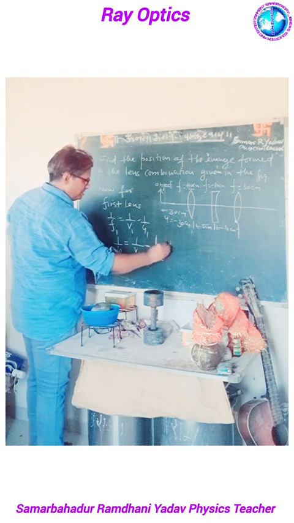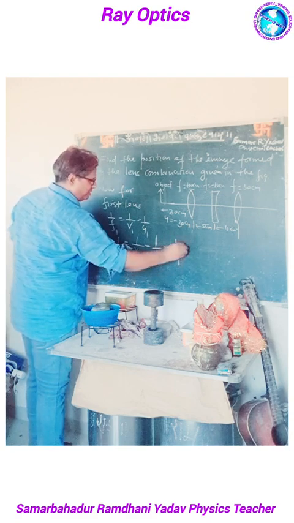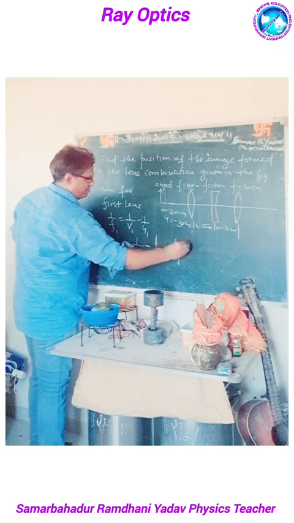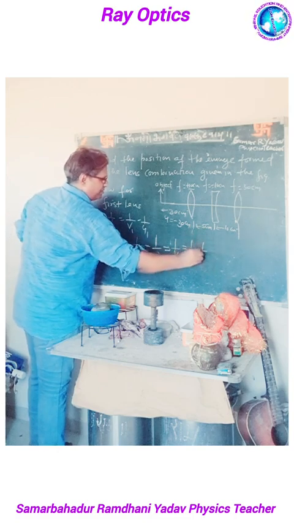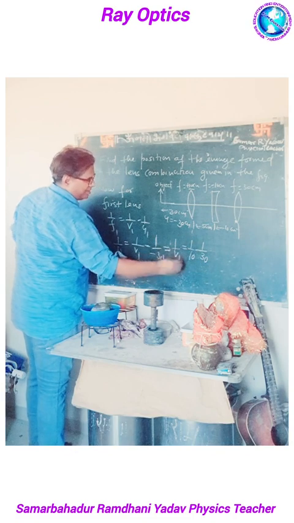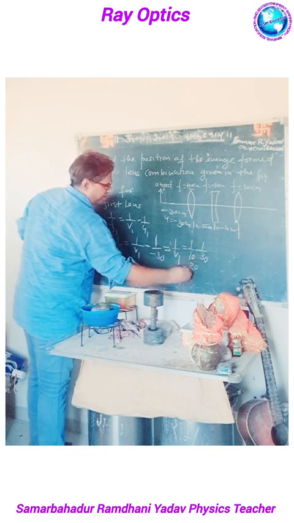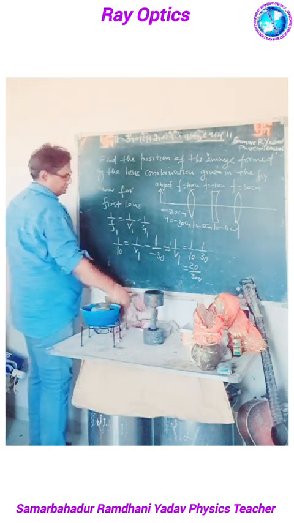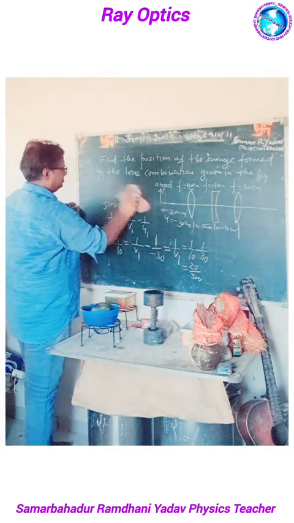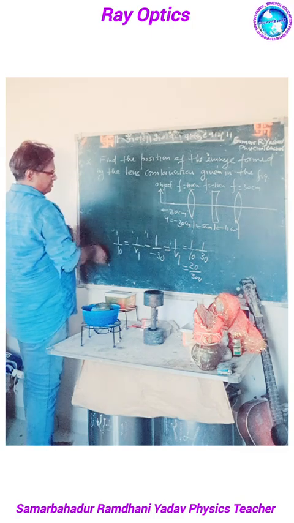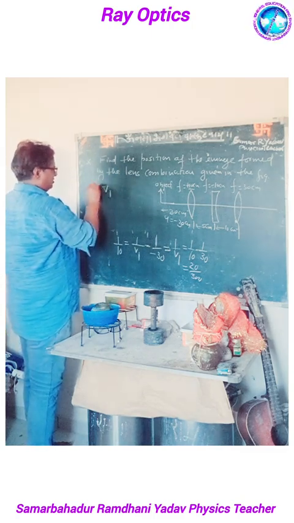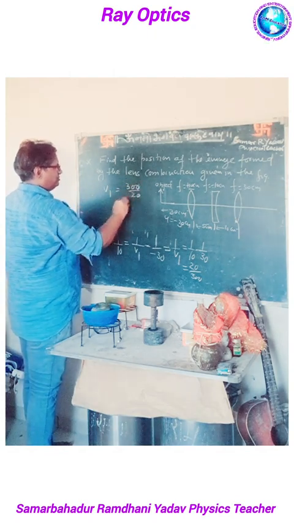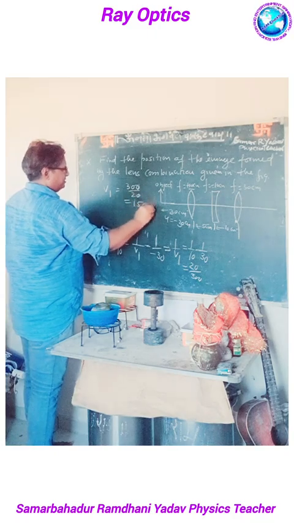Therefore 1 upon v1 is equal to 1 upon 10 minus 1 upon 30. Taking LCM, we get 20 divided by 300. Therefore v1 is equal to 300 divided by 20 is equal to 15 centimeter.